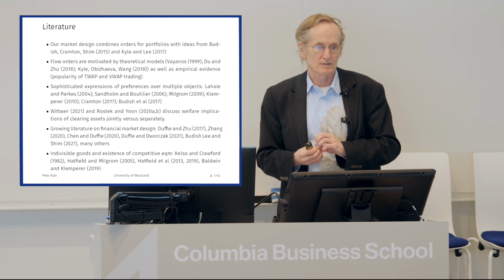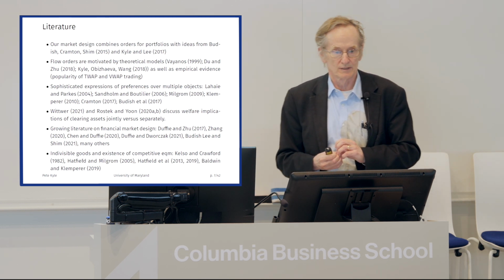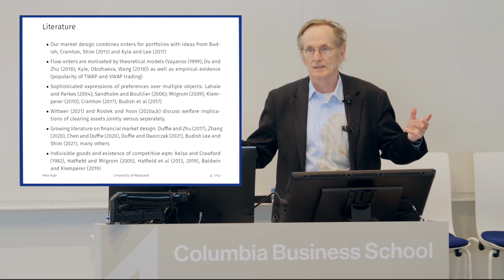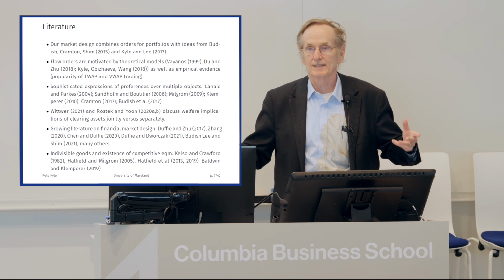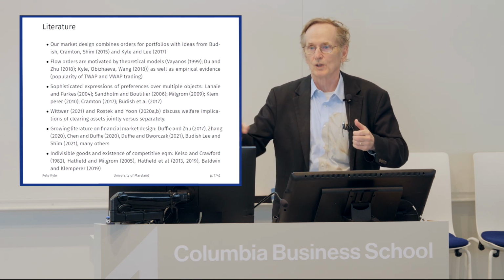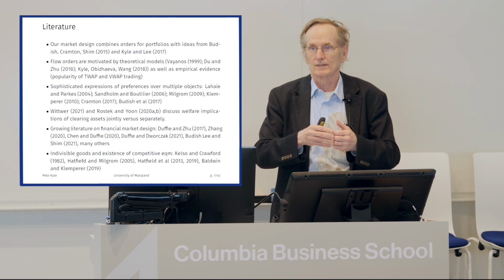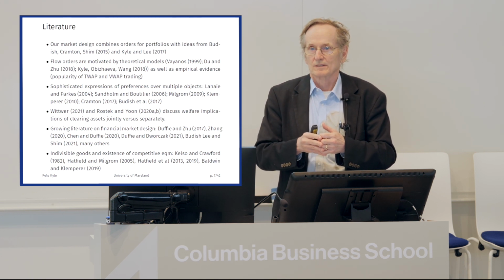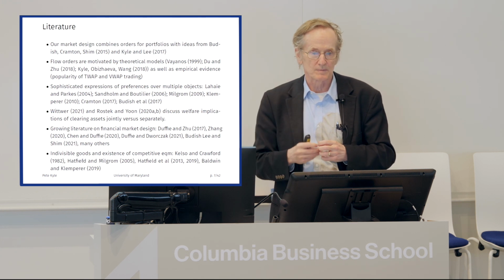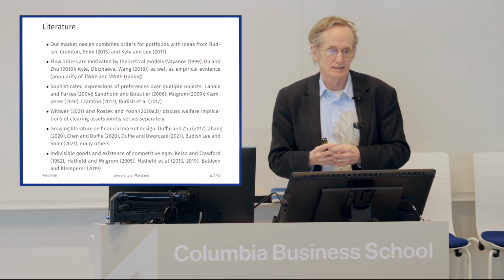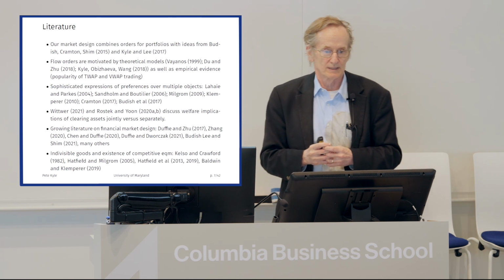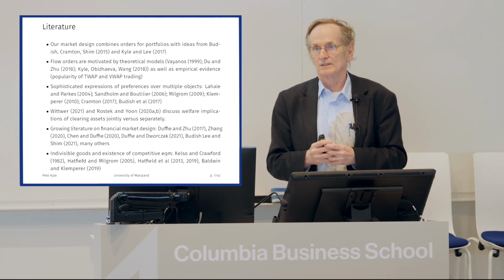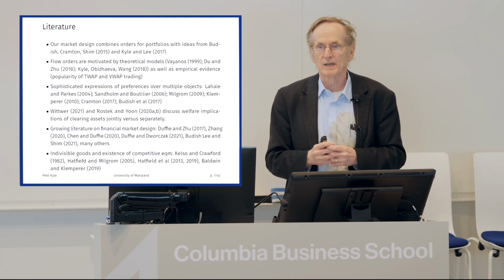But I also wanted to mention the second bullet point here, that there are theoretical models in economics that justify the idea of trading in flows of assets rather than trading a stock of assets at once. It started out with a paper by Vayanos in '99, and then Du and Zhu have a paper, and I have a paper with Anna Obizhaeva and Yajun Wang about this.